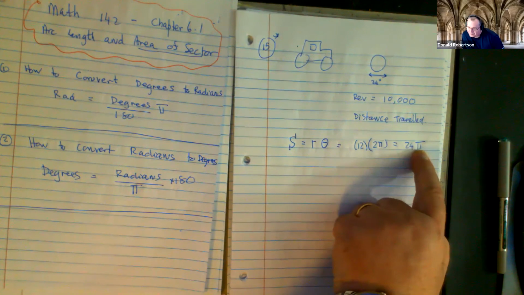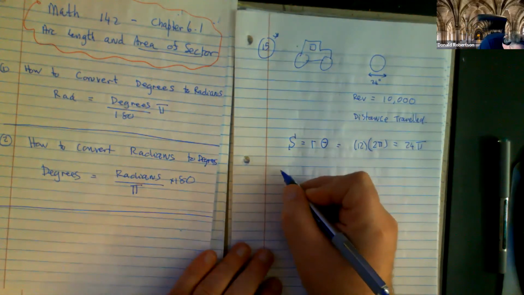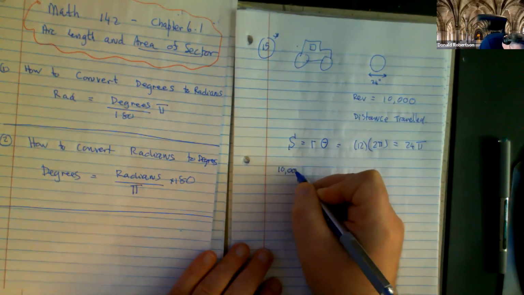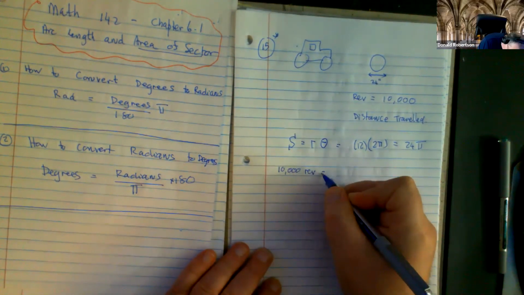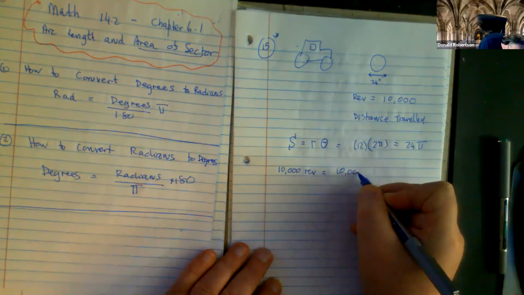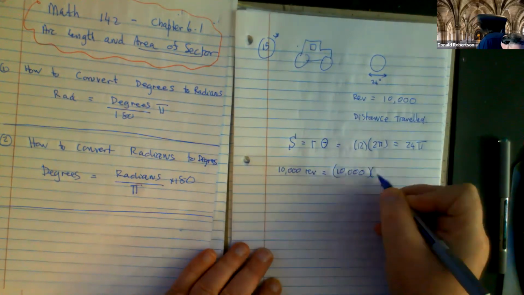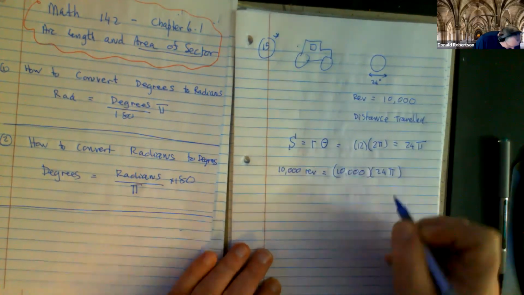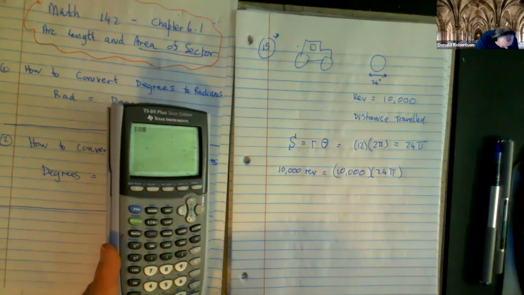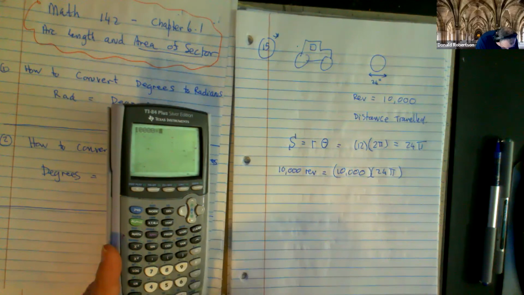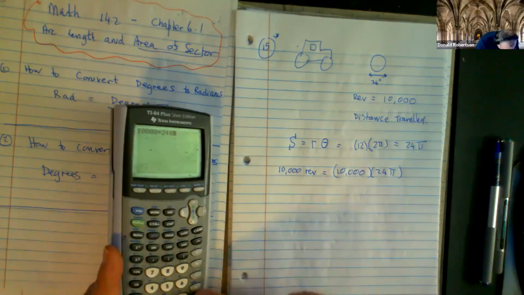One revolution. Now, if you do 10,000, so the wheel turns 10,000 times, 10,000 revolutions, it's going to be 10,000 times 24 pi. And at this point, time for the calculator. 10,000 times 24 pi.